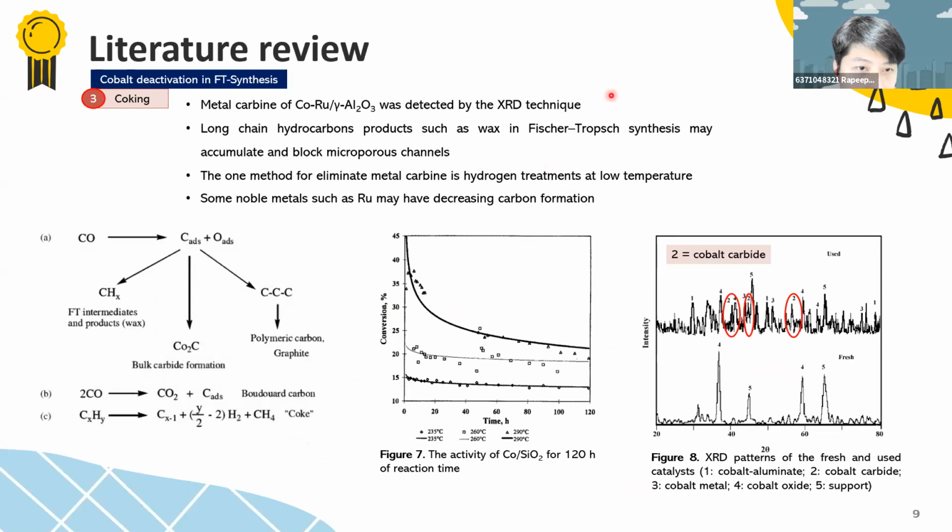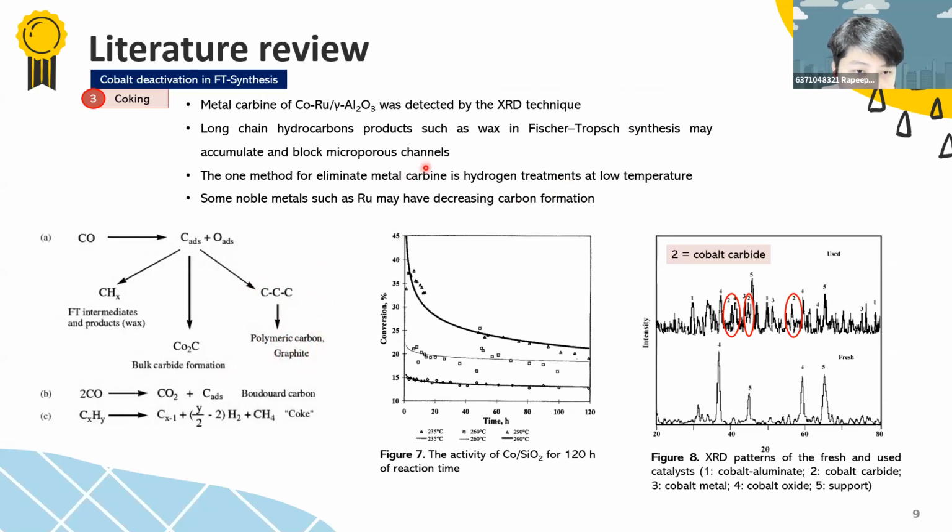This slide shows coking during the Fischer-Tropsch process. Possible carbon formation causes deactivation, since carbon may interact with the metal and form inactive species such as bulk carbide, or species that may act as a reaction inhibitor, such as graphitic and polymeric carbon.